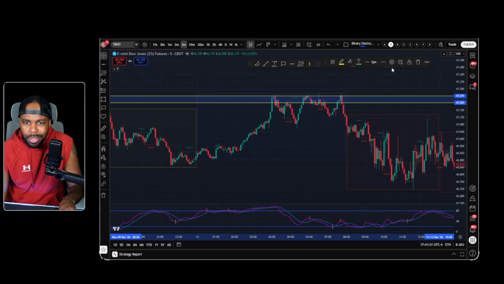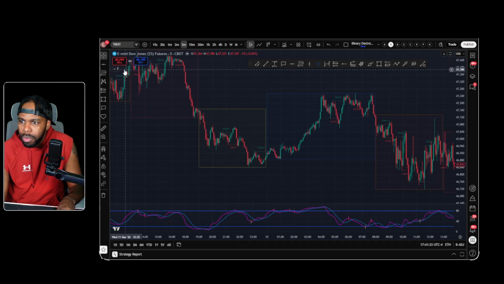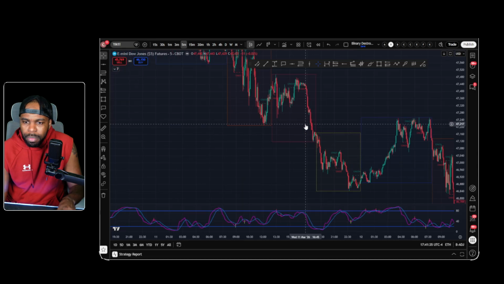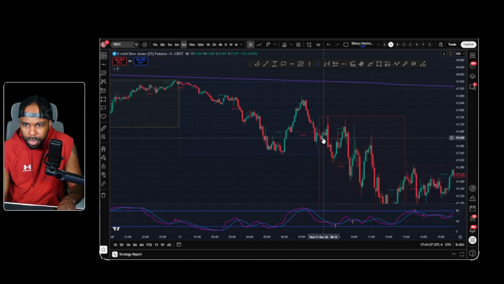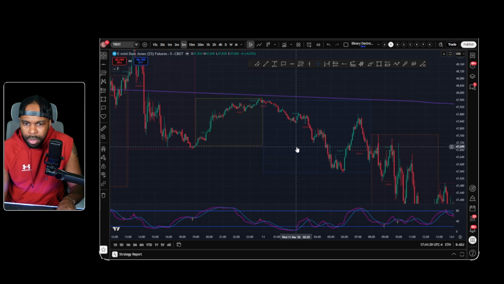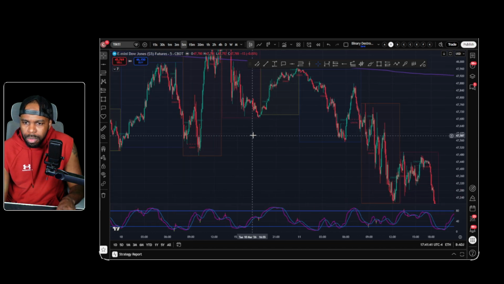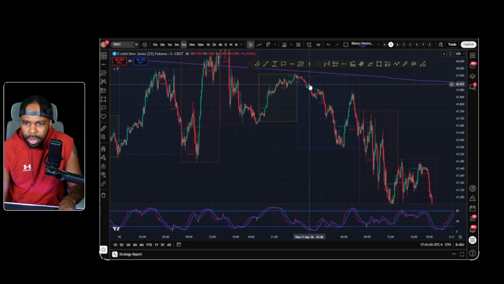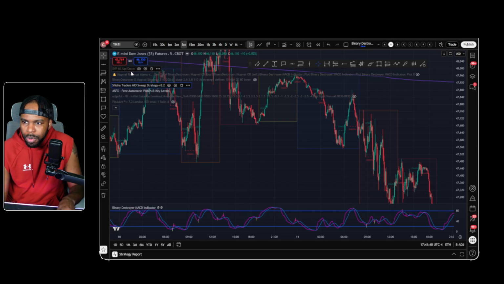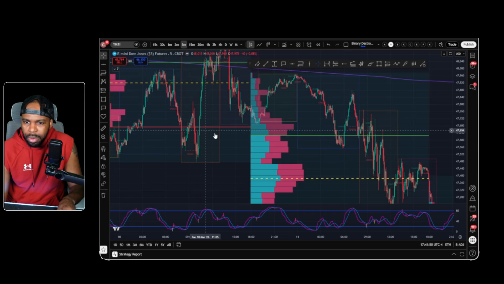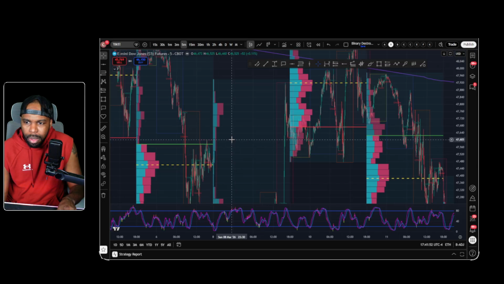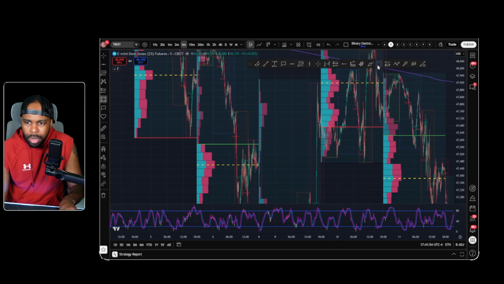So now let's do 2 more examples. Okay, let's go. Let's see if we can find another example during London session. Okay, so we see a session sweep right here. London session swept the Asian session here. What we could do is we could turn on our session volume profile indicator here, and then look for a potential zone.